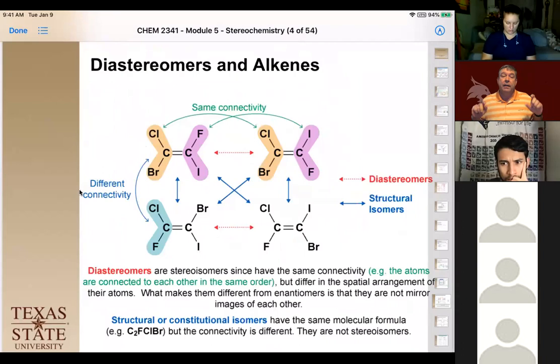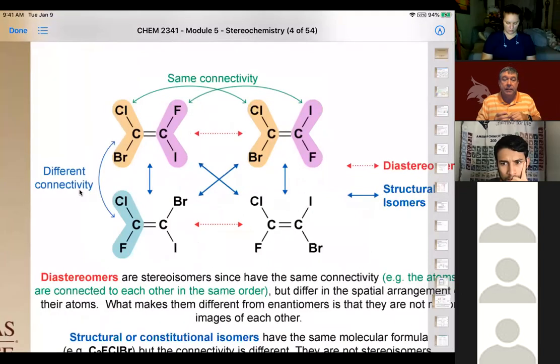The stereoisomers as it relates to alkenes exist because we do not have rotation around that double bond, so it's fixed in space. That means we can also have diastereomers in alkenes. If we look at this, we'll see that we have all the same bond connections.